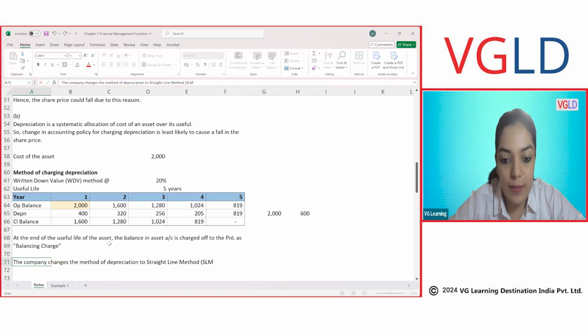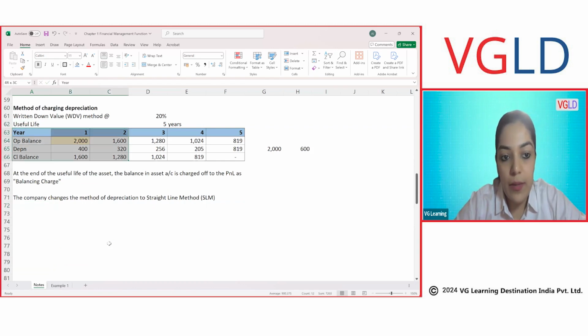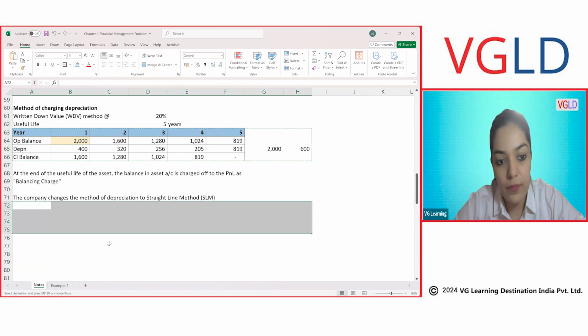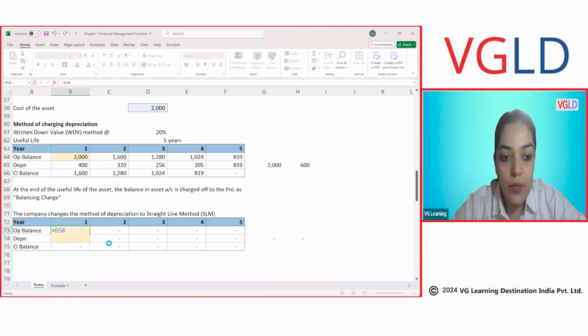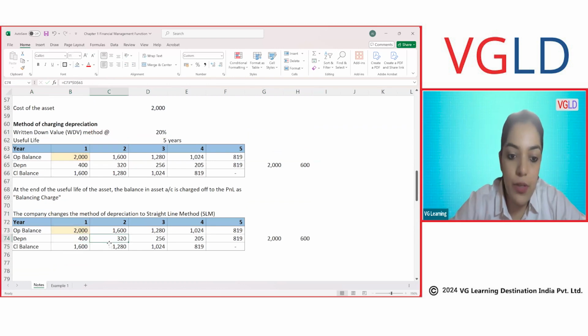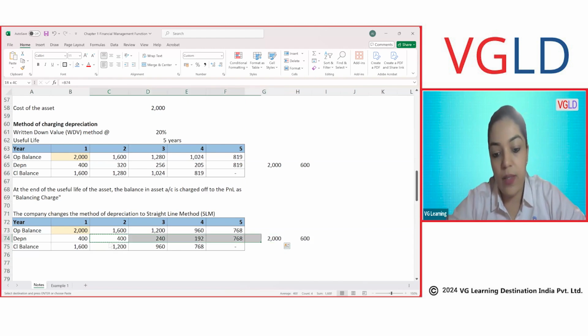That is SL. So what will the table look like? Opening balance is the same, 2000. And now the depreciation will be 2000 by the useful life, which is 5 years. And every year the same depreciation will be charged. That is what straight line means.